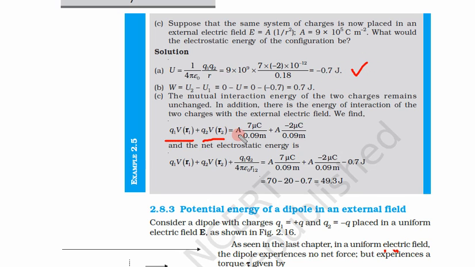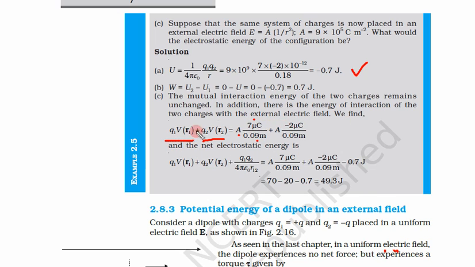So how is this? Q is 7 microcoulomb, and this is A upon this distance, because it is potential upon distance. So let us calculate this.